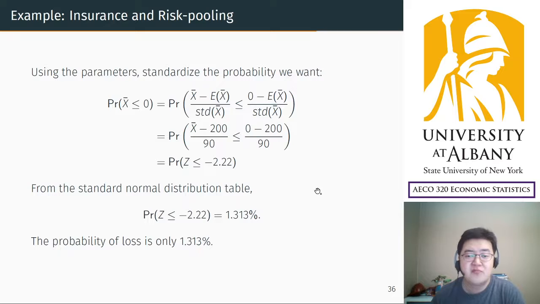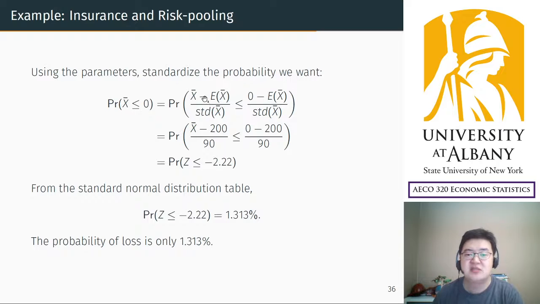Then from now on, it's exactly the same steps as we practiced in chapter 6. We wanted to calculate the probability that the average profit is negative, and we now know that X bar follows a normal distribution. So as in the normal distribution chapter, we had to standardize the probability first.